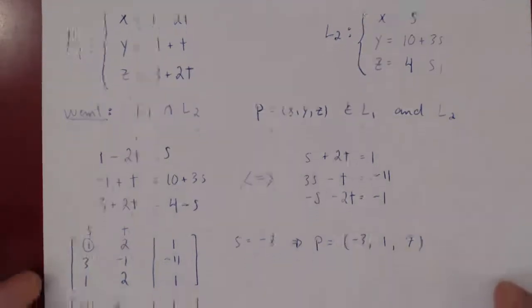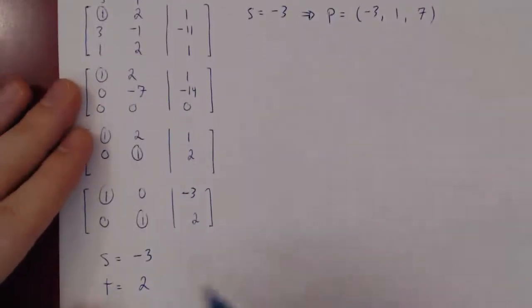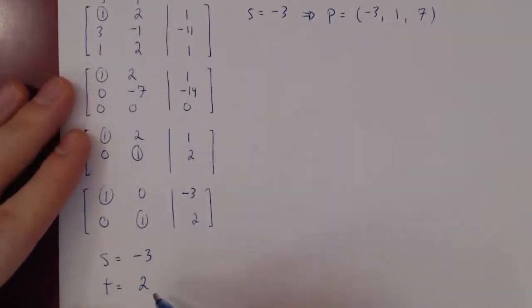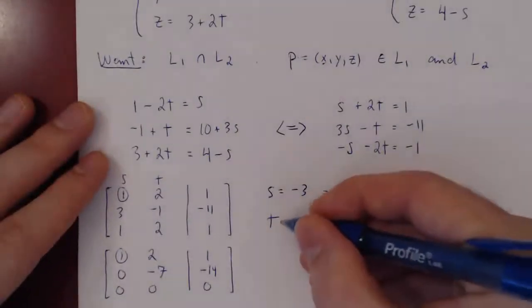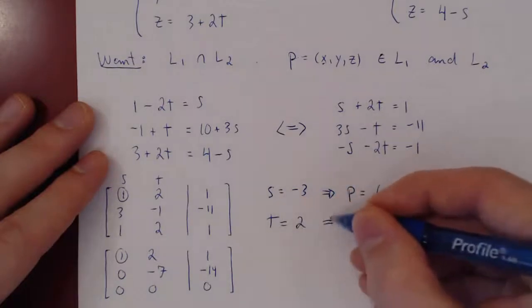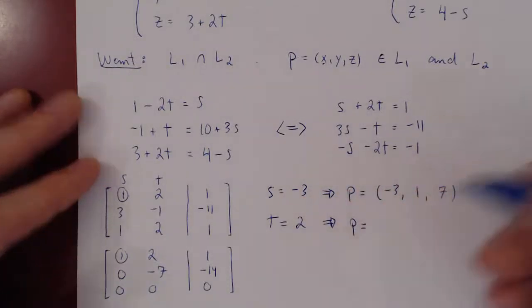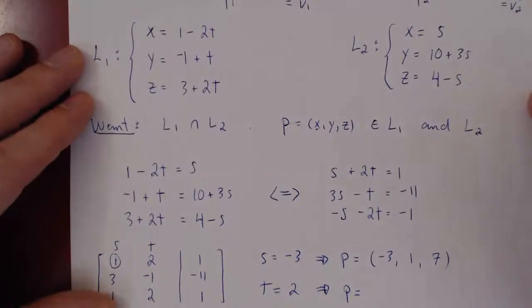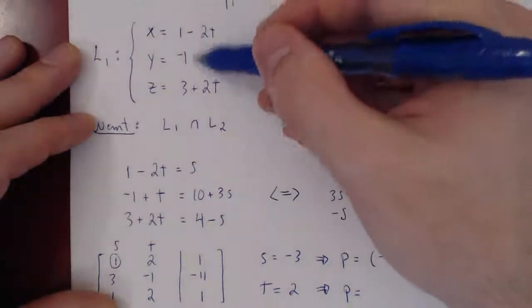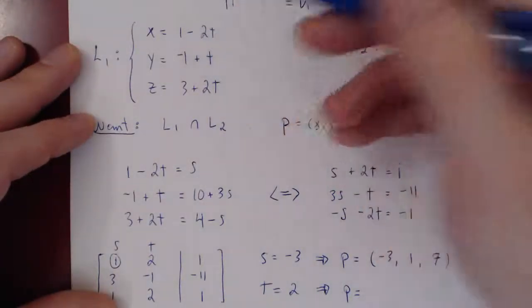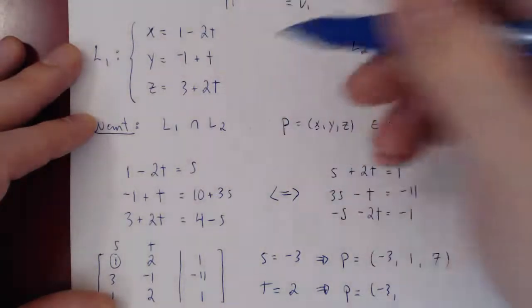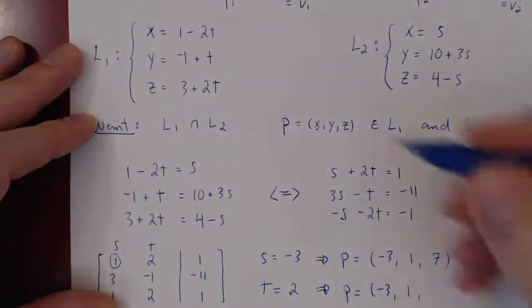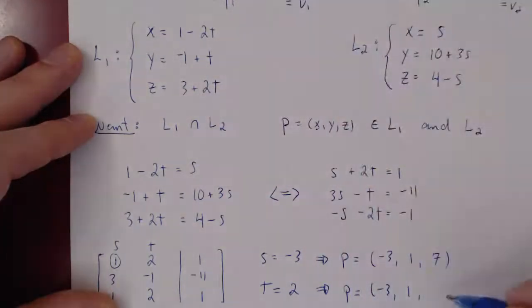Let's see if with our second parameter value we get the same point, and we should, because we're supposed to have found a point that lies on the two lines. So with t equals 2, will we get the same point? Hopefully we will. Well, plug in t equals 2, you'll have the point 1 minus 4, negative 3. Negative 1 plus 2, 1. 3 plus 2 times 2, 4. 3 plus 4 is 7.